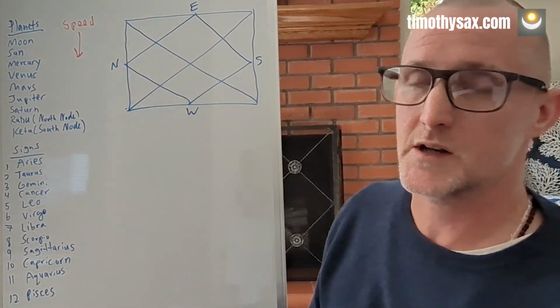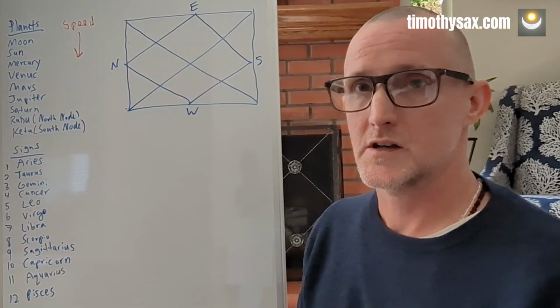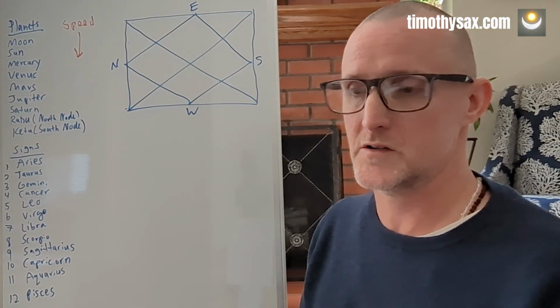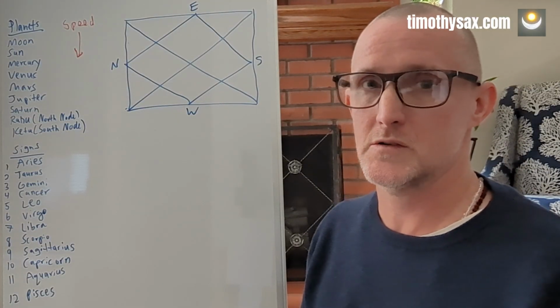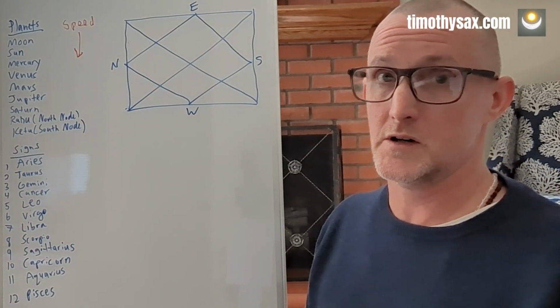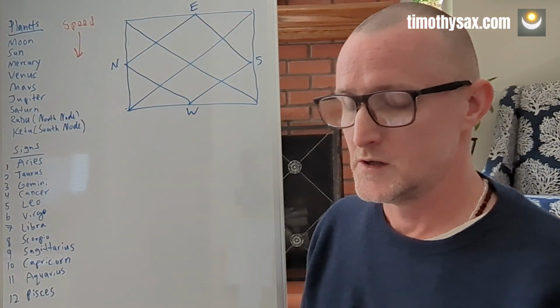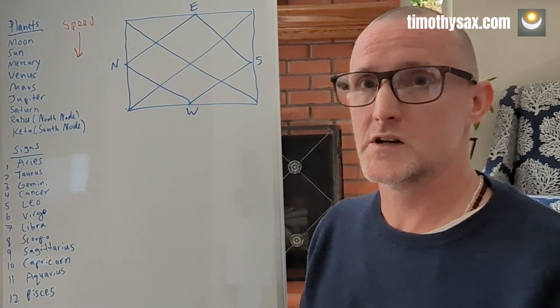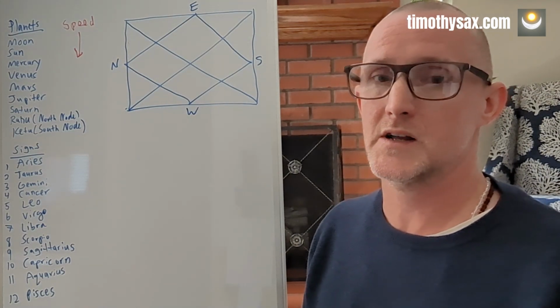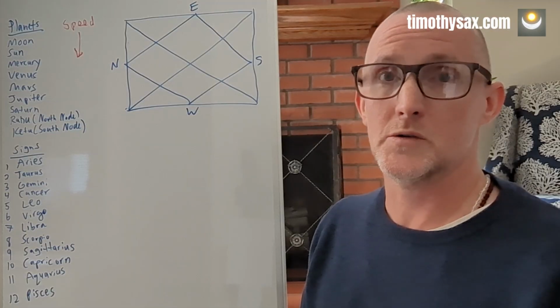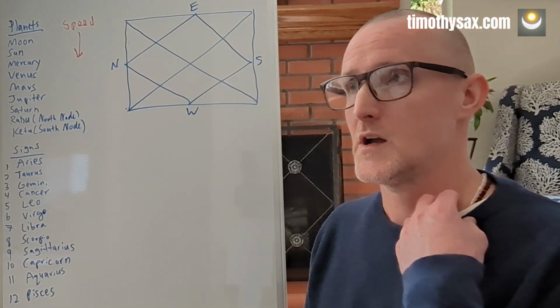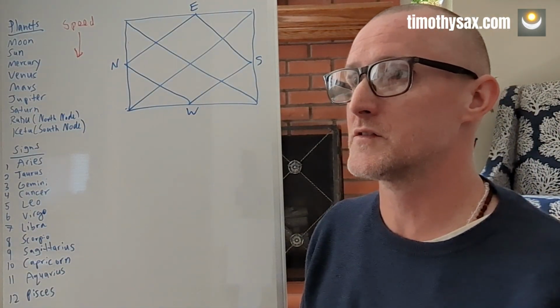You may notice that there are some planets missing, especially if you're familiar with Western astrology. Pluto, Neptune, Uranus, and there are others that are used in Western astrology. Traditionally, in Vedic astrology, those outer planets, they aren't used. And there are different reasons for that.